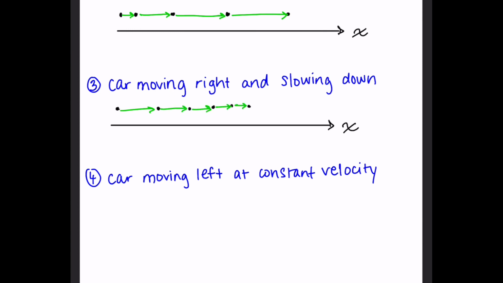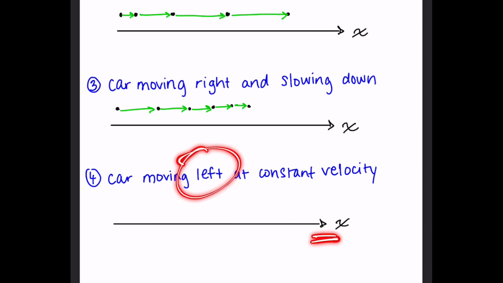Now, for our final example, the car is moving left at a constant velocity. Our positive direction of motion is to the right. So, what we need to do is we can think of this as where we start. This is technically 0.